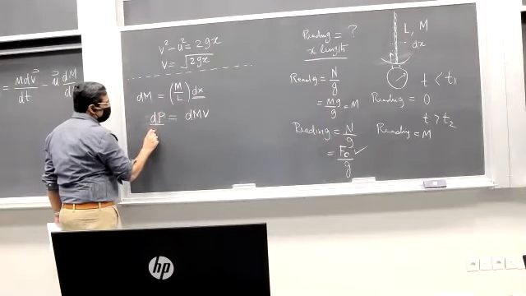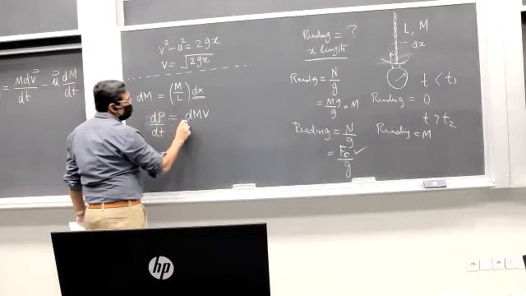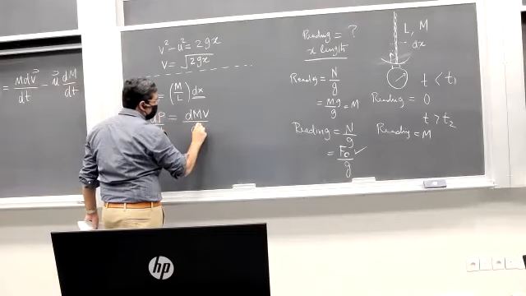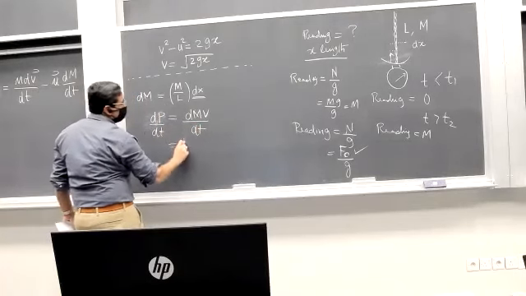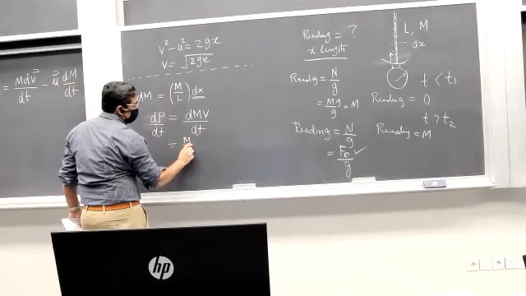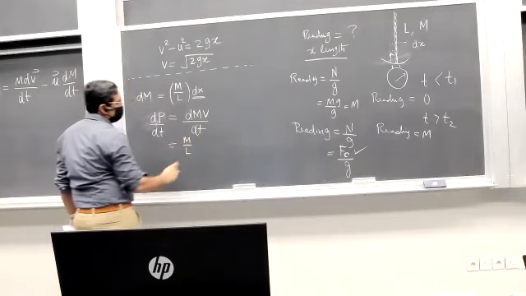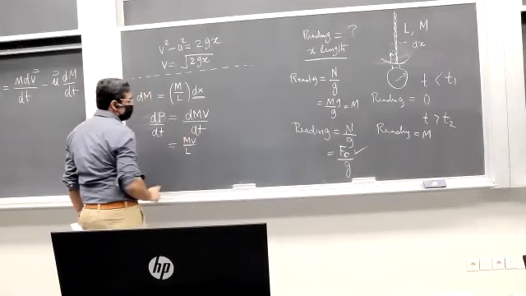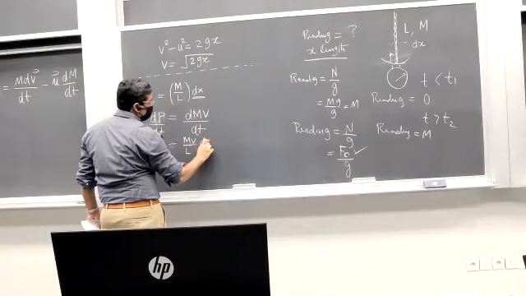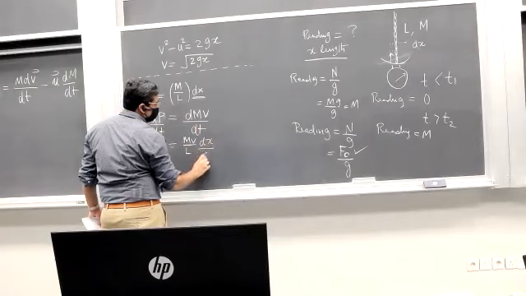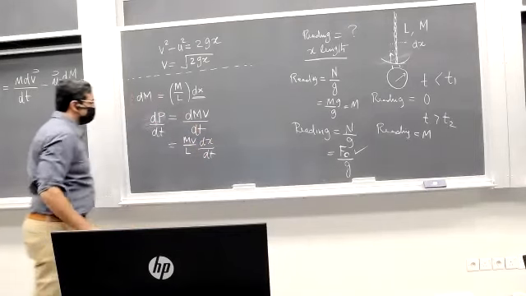Let's divide it by dt on both sides. Right. And we know what dm is. M, L, all constants. V is also, and then we get dx by dt.